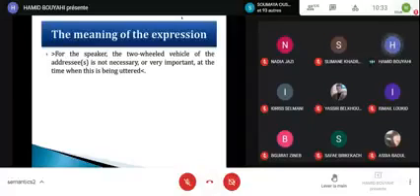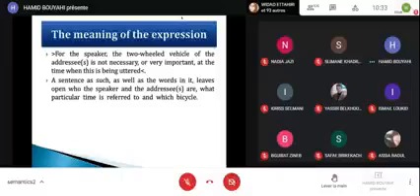Okay, so if we are on the same page, we can move on to the next element. So we are talking about the meaning of the expression. A sentence as such, as well as the words in it, leaves open who the speaker and the addressee are, and what particular time is referred to, and which bicycle. Okay, so we have defined it.